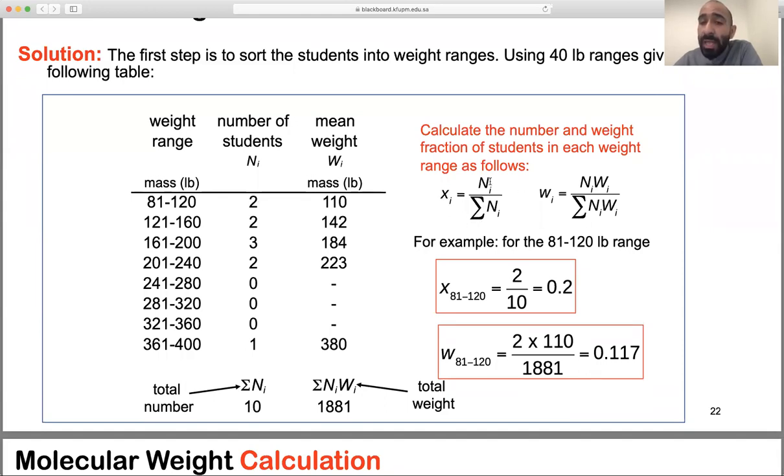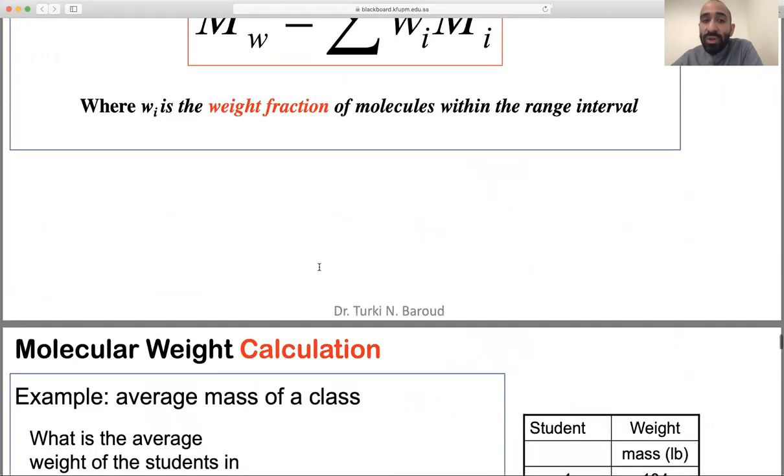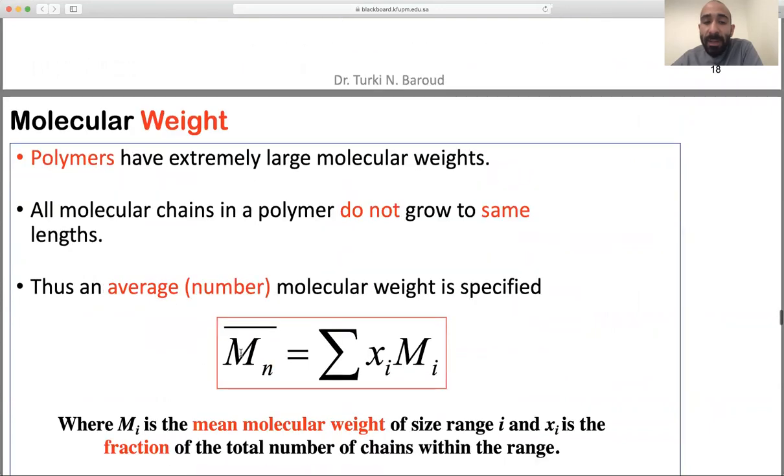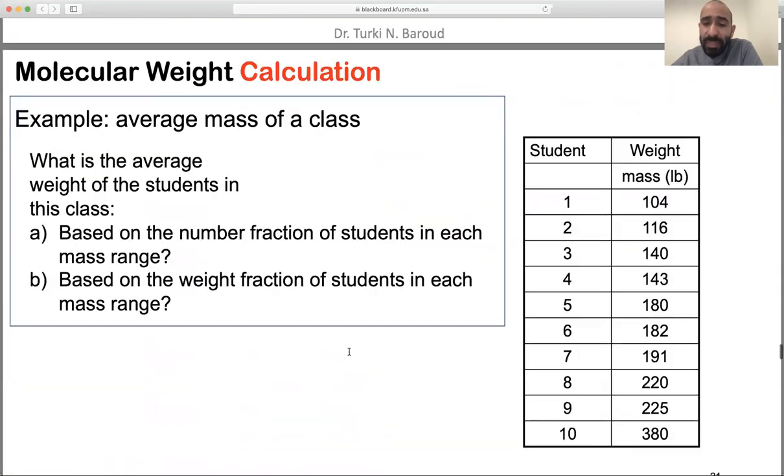In the top you have Ni, the number of students that belong to this group, 2. So the fraction is 2 over 10, which is 0.2. That means 0.2 times 110 plus the fraction here times this, and we do the summation to calculate what's called the number average molecular weight.